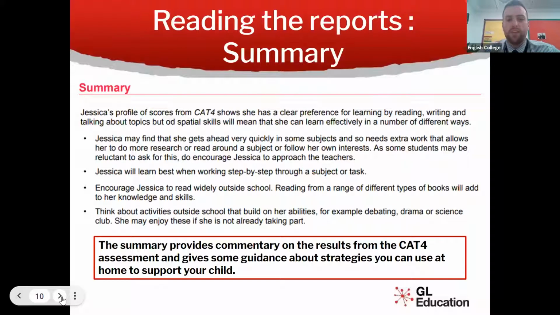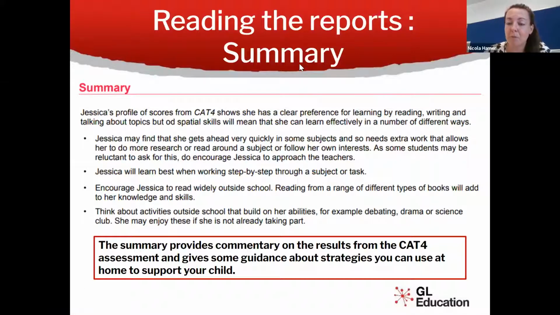Anything to add on to that one, Mrs. Hamer? No, I just think this is where it gets quite exciting, and this is where it gets really useful for you as a parent. So especially the bottom bullet point here about Jessica, think about the activities outside of school that can build on her abilities. So we know that Jessica, from the bar chart from the previous slide, she's a very strong verbal learner.